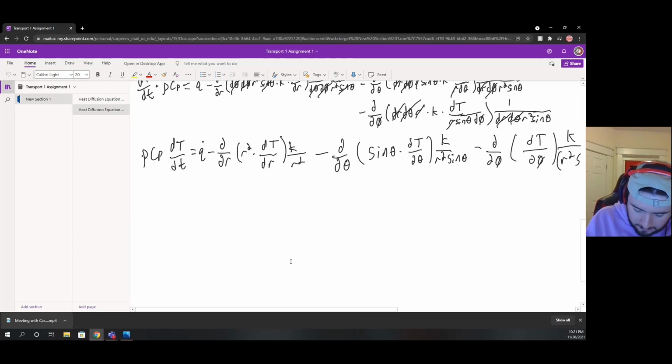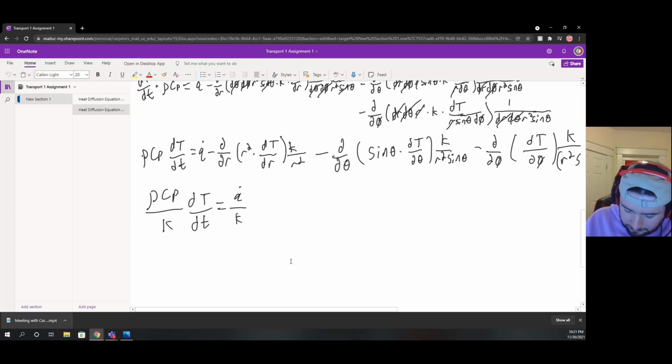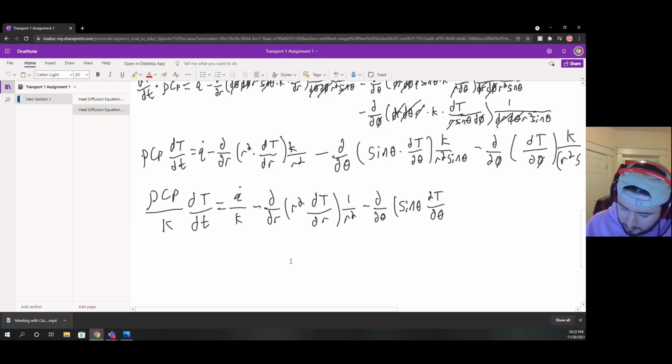So our density times our specific heat over k times the change in temperature over change in time equals u dot over thermal conductivity minus partial derivative in terms of r times r squared, change in temperature in terms of radius, times 1 over r squared, minus partial derivative in terms of theta times sine theta times the change in temperature in terms of theta times 1 over r squared sine theta.